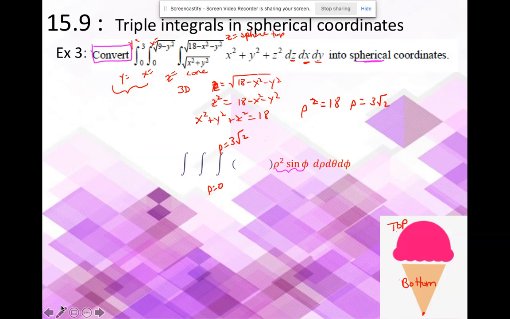Now look at what's happening in 2 space. In 2 space, my x values are going from 0 to this curve. What is that? Isn't that a sideways parabola? Just this piece?